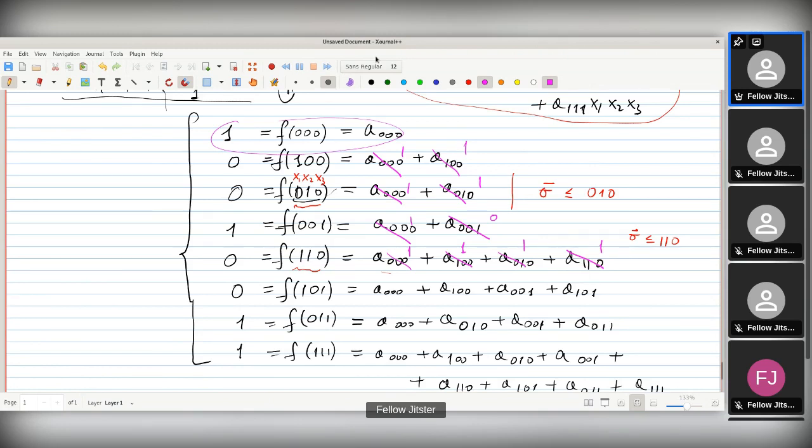Okay. Next. This is 1. This is 1. This is 0. 1 plus 1 plus x equals 0. What is x? X must be 0.